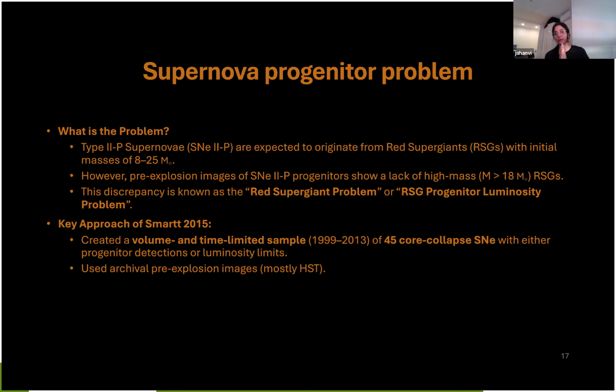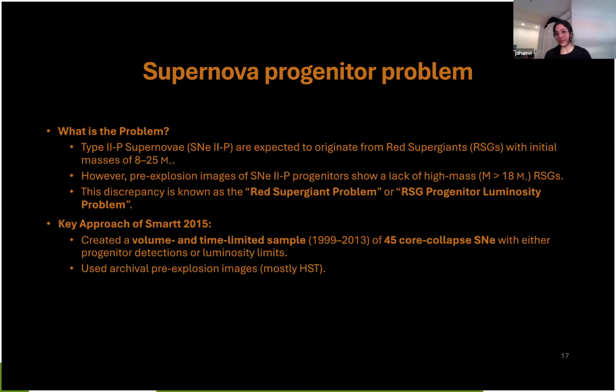So what is this problem? You remember in the first slide when I was describing how the red supergiants can end their life. Type 2P supernovae are expected to have red supergiant progenitors with initial mass of 8 to 25 solar masses.